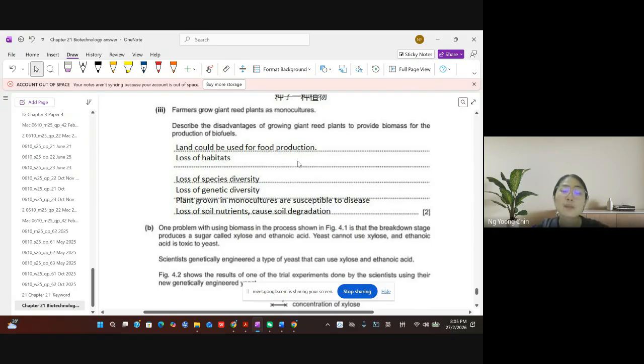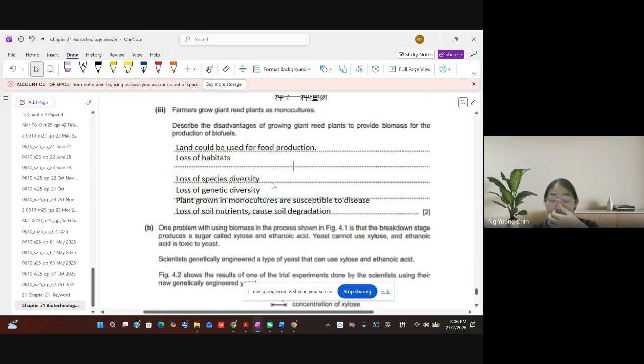Okay, and then it will cause some of the animals that depend on a certain plant to survive to have no food, because that specific plant is already displaced by the giant reed plant. So you have a loss of genetic diversity and a loss of species diversity, because some plant species reduce in number. If the plant species reduce in number, there might be less food for the animals, so the animals will not get enough food.